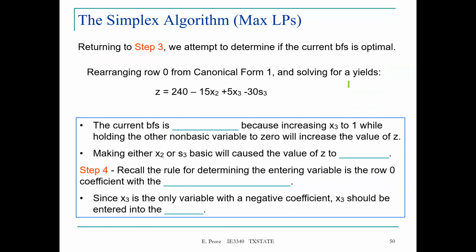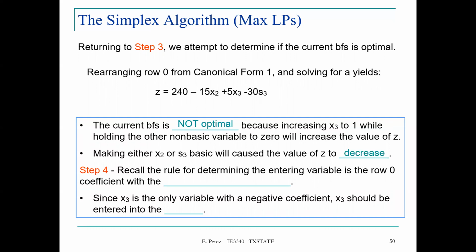The current basic feasible solution is not optimal because increasing x3 to 1, while holding the other non-basic variables at 0, will increase the value of z. Making either x2 or s3 basic will cause the value of z to decrease.